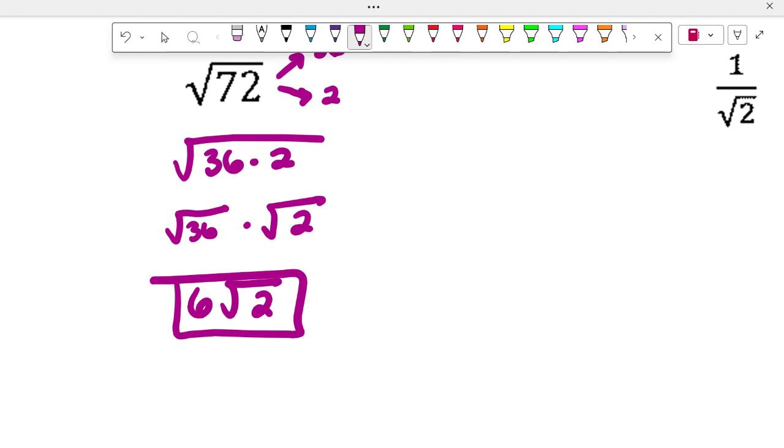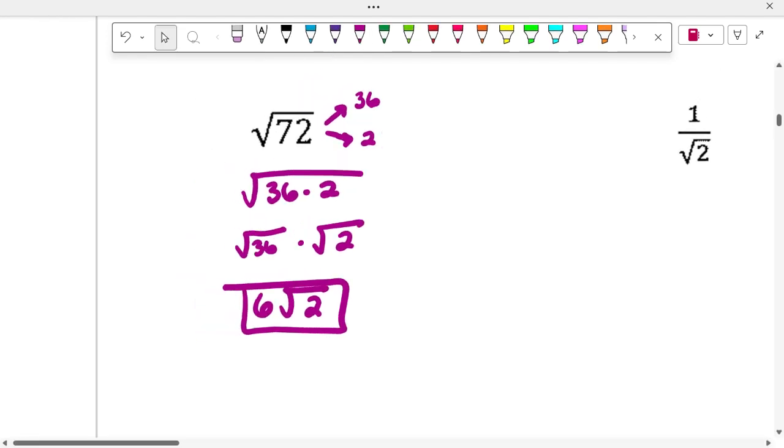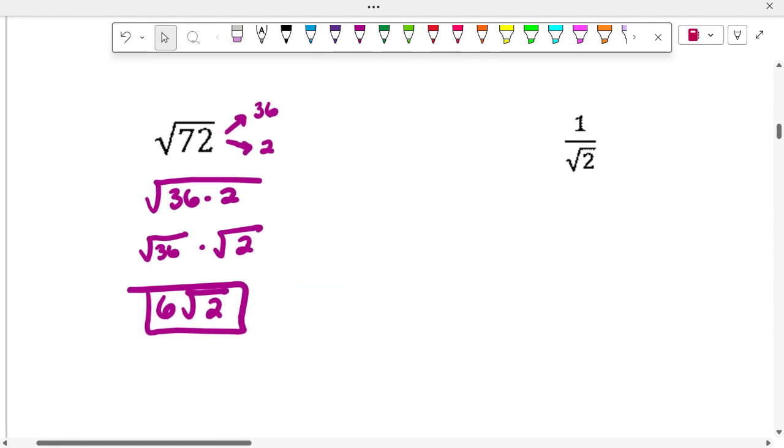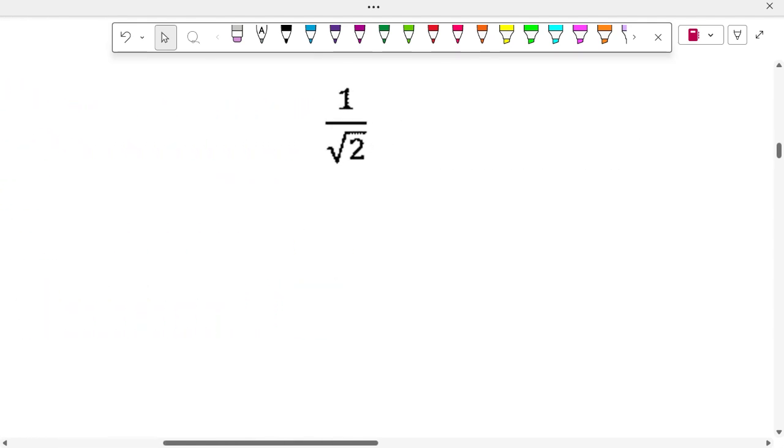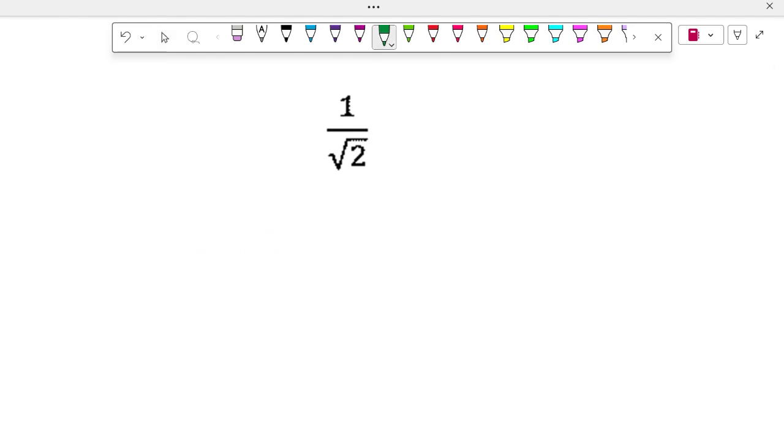All right. Now, that's simplifying. Next, 1 over the square root of 2. What's wrong with this picture? Square root of 2 is in the denominator. We don't like that. So what do I have to do? We have to multiply the top and the bottom by the radical in the denominator. What's that called? Rationalizing the denominator.